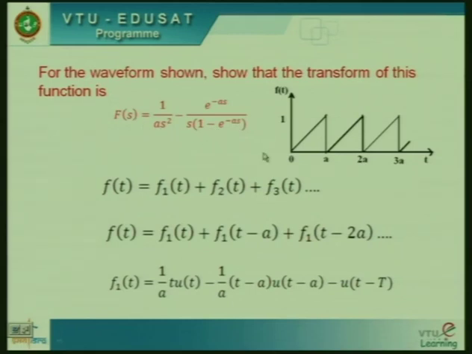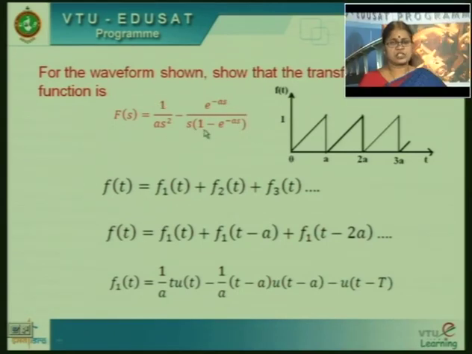Now, our aim is to prove that the Laplace transform of this waveform is that expression. Since it is a periodic waveform, we know how to find its Laplace transform. The Laplace transform of a periodic waveform can be obtained if we know the Laplace transform of the first cycle of the waveform. So, let us try to get the Laplace transform of the first cycle of this waveform.